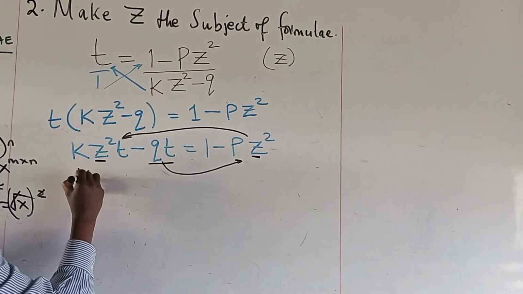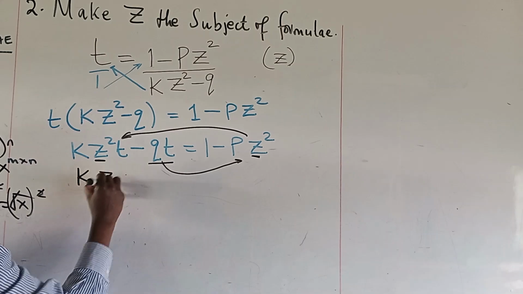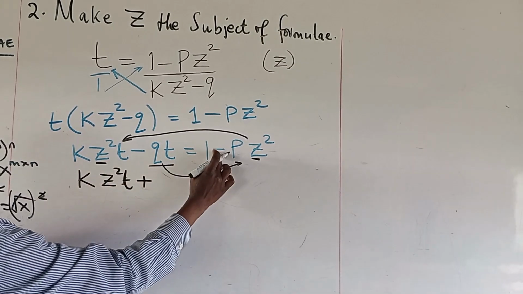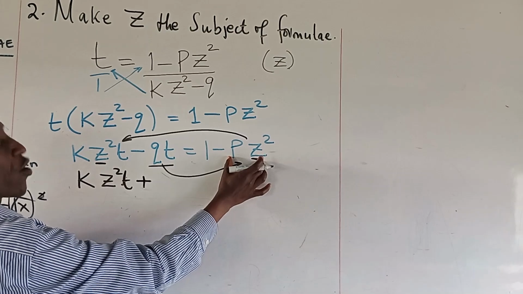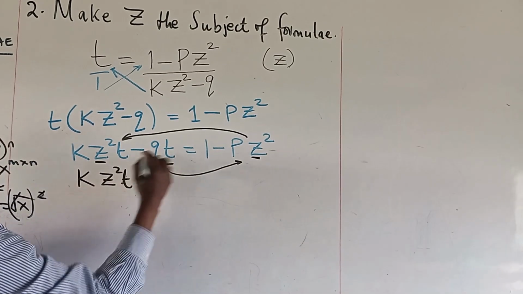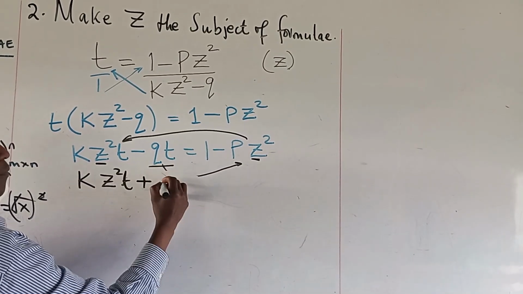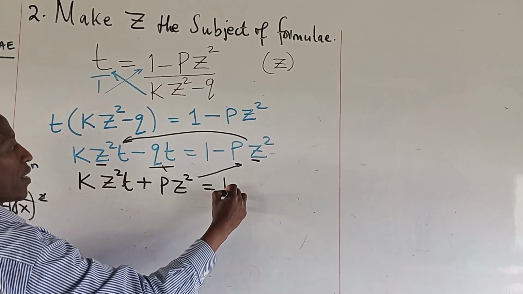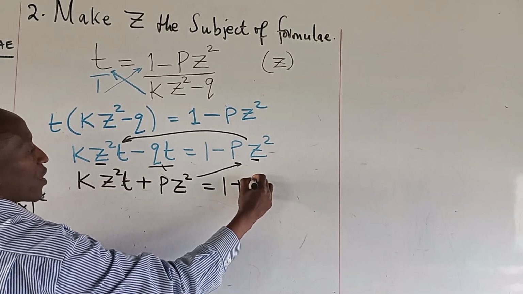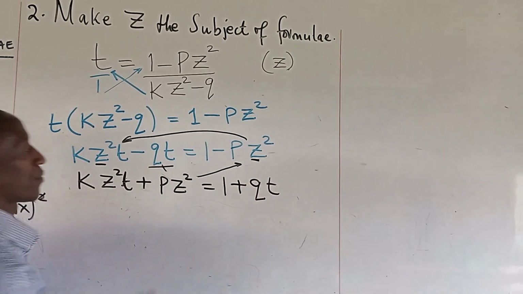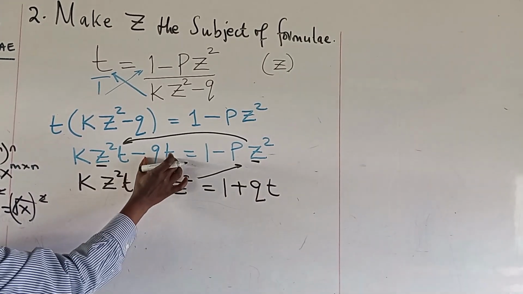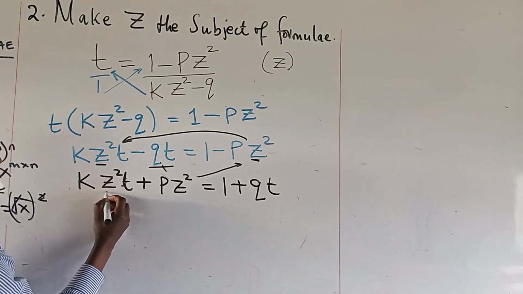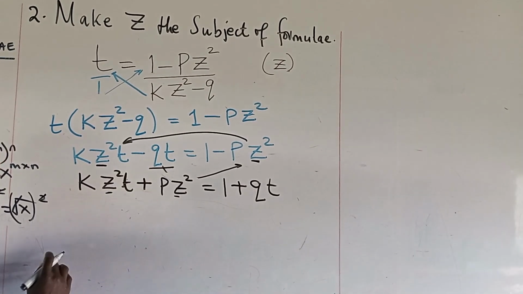That gives us KZ squared T plus, we add PZ squared on both sides, and so we get PZ squared is equal to 1 plus QT. So we add QT on both sides, it is over here. That ensures that the Z is on one side.